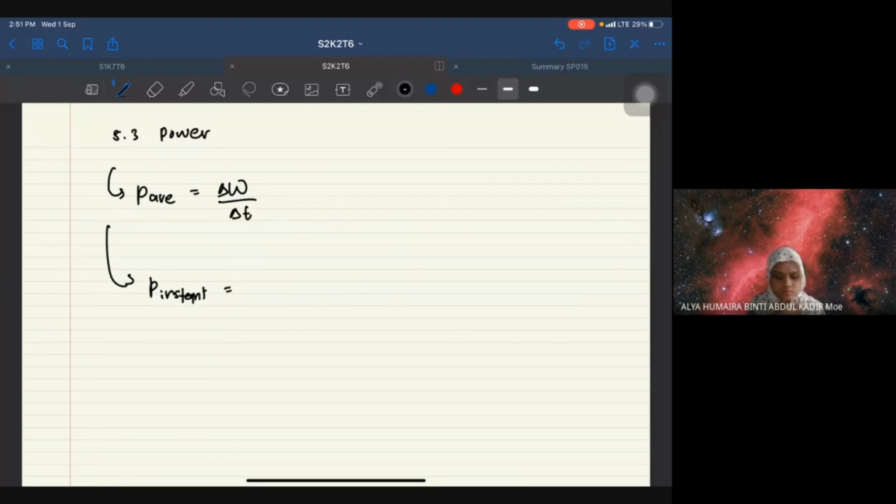The work is usually work net, unless they specifically say the power done by the force F1. Then you calculate the work for F1 and divide by delta T. For instantaneous, it is F dot V. So it depends on the velocity to determine whether the power used is high or not.